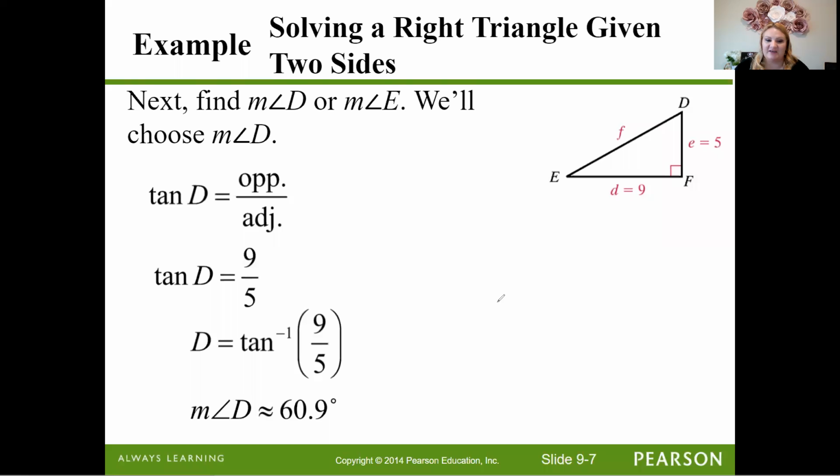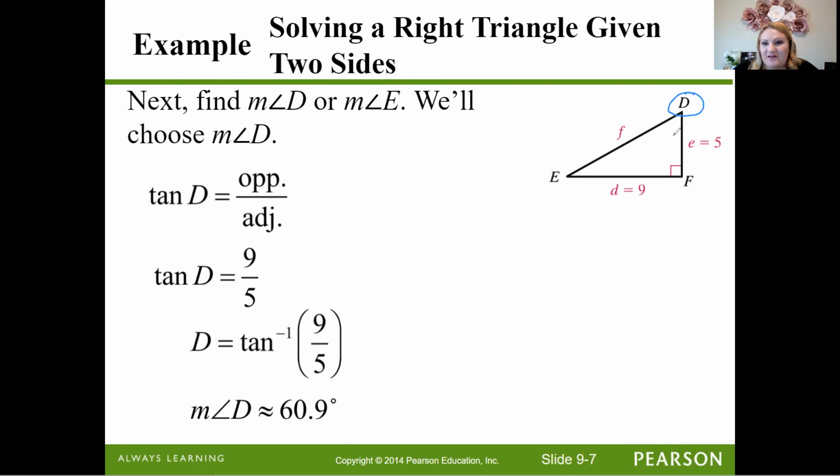So what we can use is, if we're looking at D, right? So if we want to find angle D, and we'll use the Greek symbol of theta. So we're going to find D, and we are going to be looking at what has been given to us.